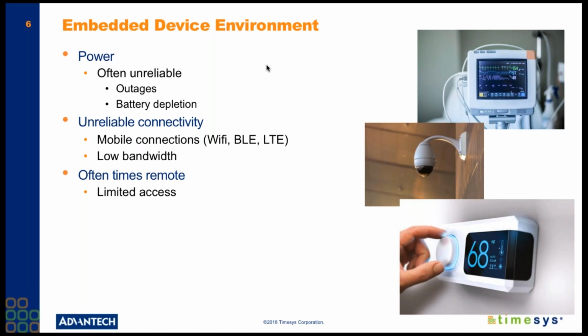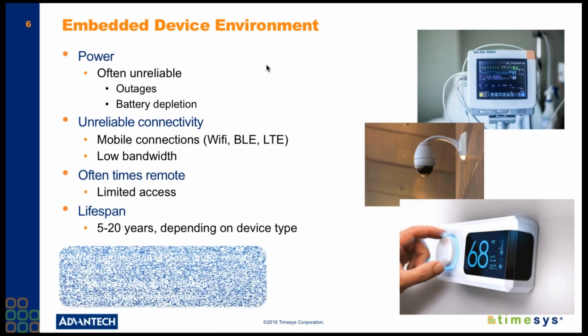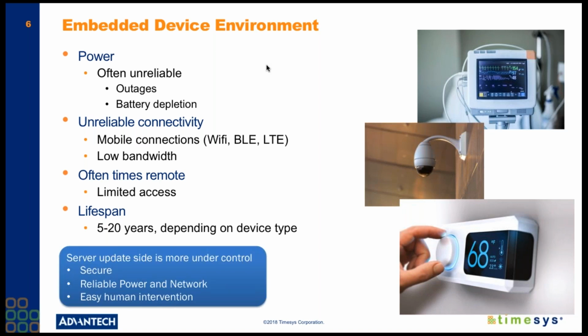In many situations, such as this camera that you see in the slide, access to those devices is limited. So I have to take that into consideration as well. And once they are deployed, they are staying there for 5 to 10 years. So I have to think about it when I'm building a product, because software update should be part of it, right? So that's on the target device side.